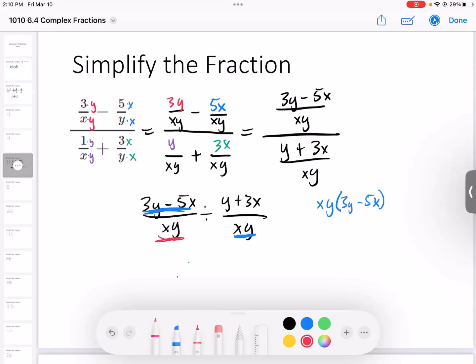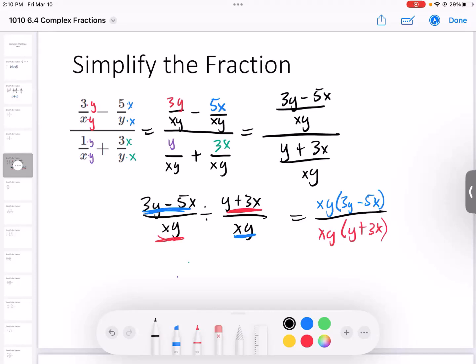And then when I multiply this polynomial by this, in the bottom, I get XY times Y plus 3X. And that's what that would equal. So this is my answer.